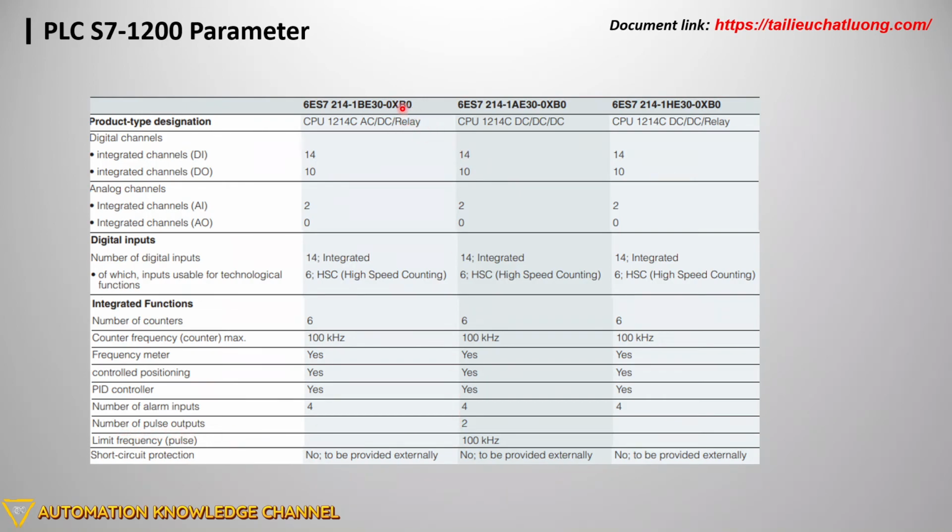With the relay outputs, we cannot control servo motors, because the relay cannot control the motors, and we can only control the servo with DC. DC is the transistor output. We can control a servo only with transistors, and the pulse frequency limit is 100 kilohertz.